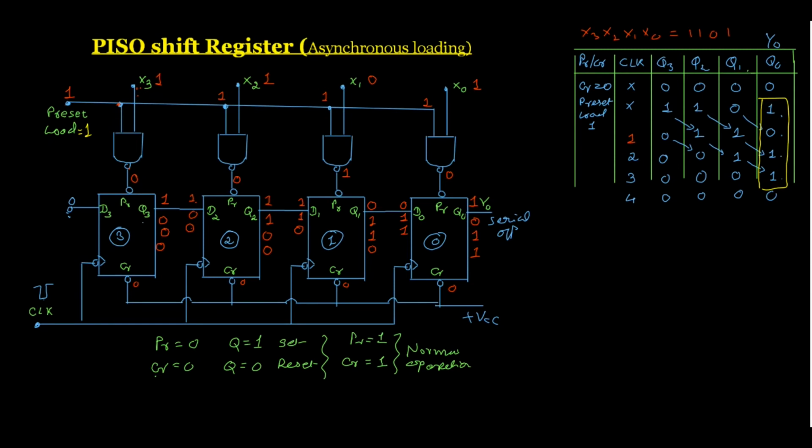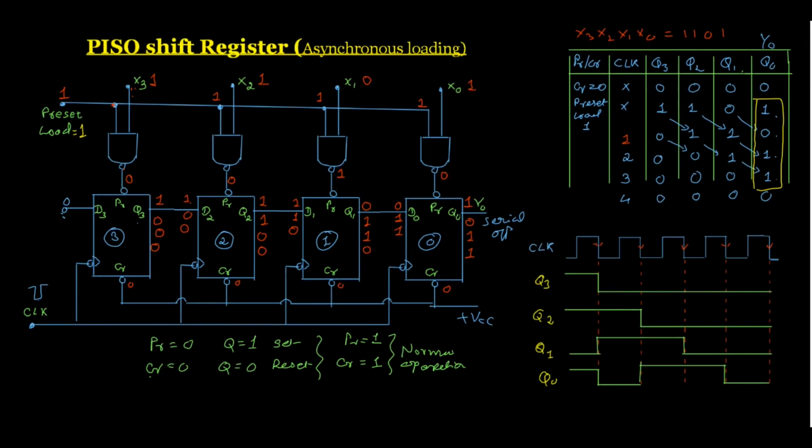Now let us see what the waveform will be. Here you can see the waveform for the outputs Q3, Q2, Q1, Q0, and here we have a clock pulse with this negative edge. With this negative edge of the clock pulse, there will be a transfer of the data from input to output.